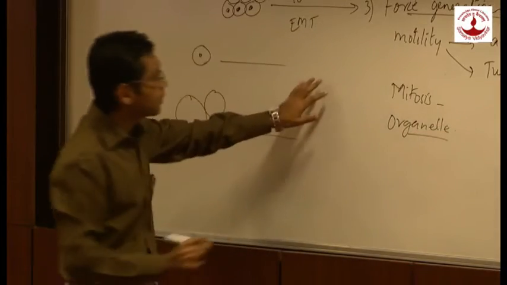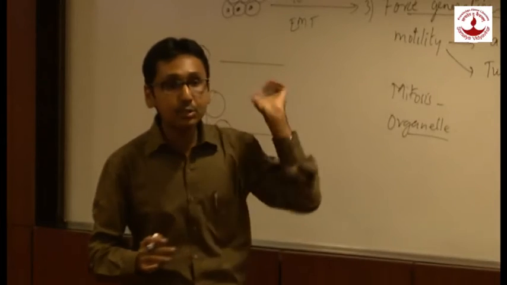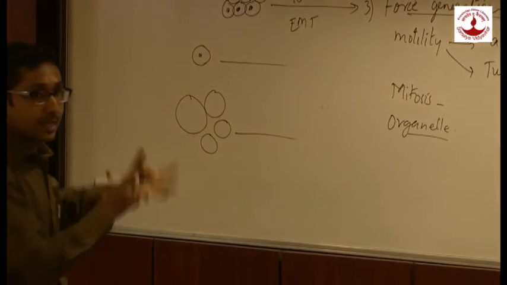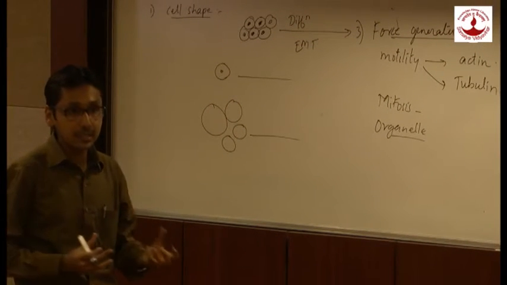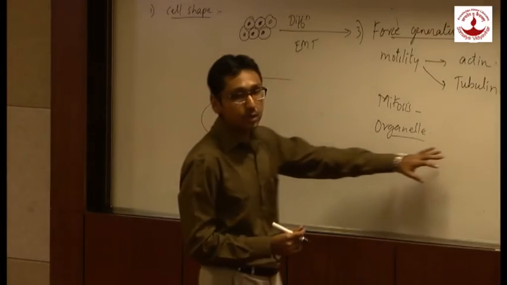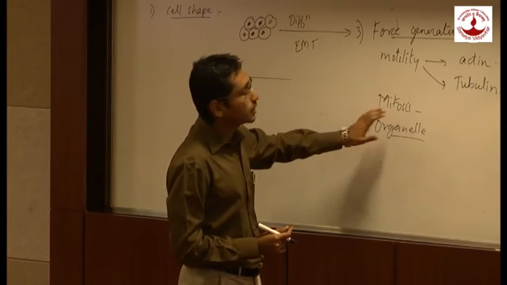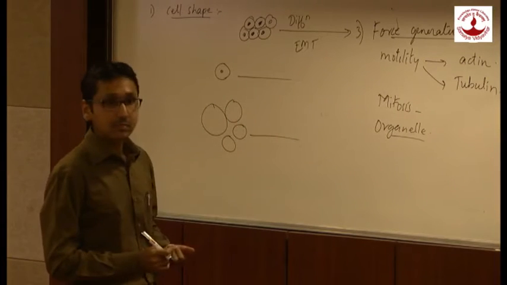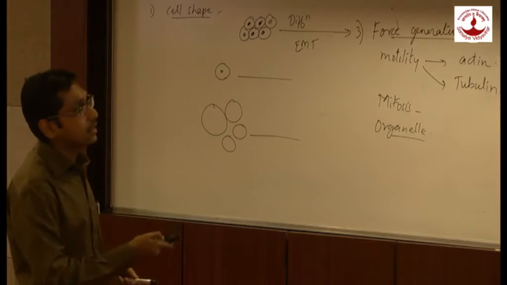The same with the example that we have seen, the presynaptic axon needs to secrete neurotransmitters in the synapse. So there should be a continuous transport of vesicles full of neurotransmitters, and they should be exocytosed in the synapse. So organelle transport, vesicle transport, these are the functions where force is required. So these are the three general functions of cytoskeleton elements.